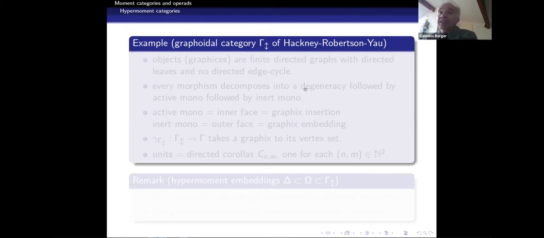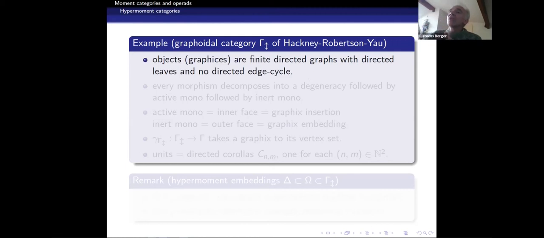And the objects are directed graphs where you have also directed leaves. This means that you have edges where only on one side there is a vertex, on the other side it's open, but you direct them. And the only condition you impose is that there are no directed cycles.